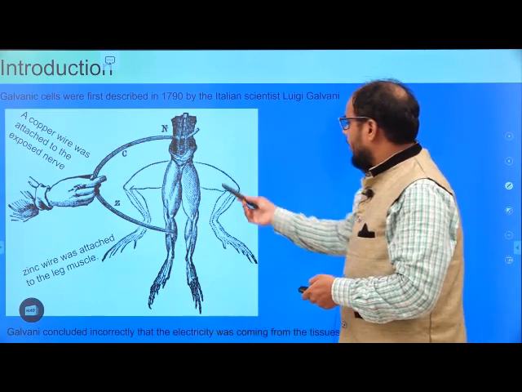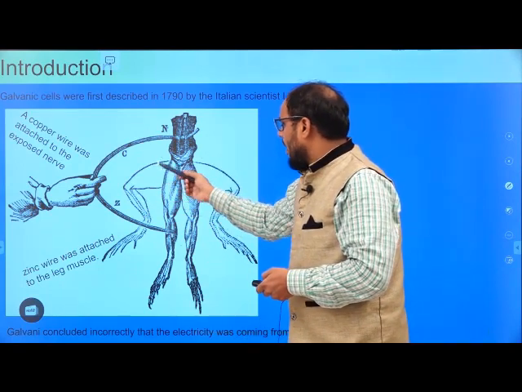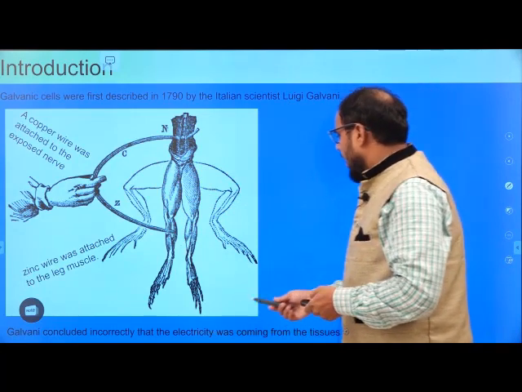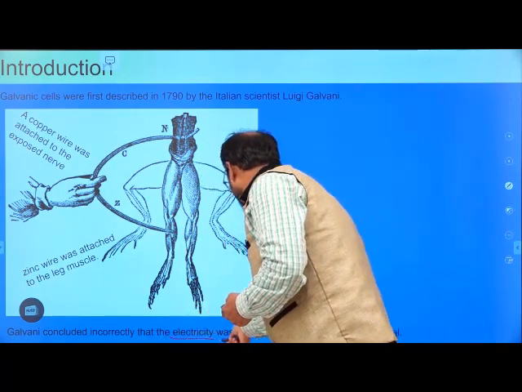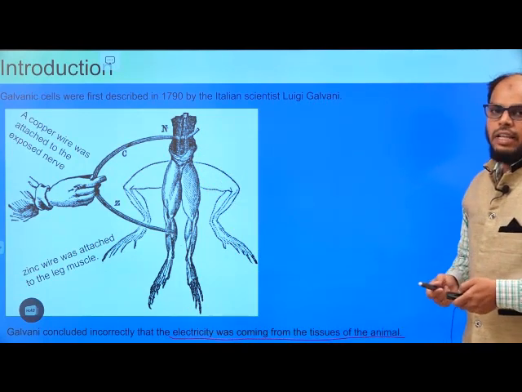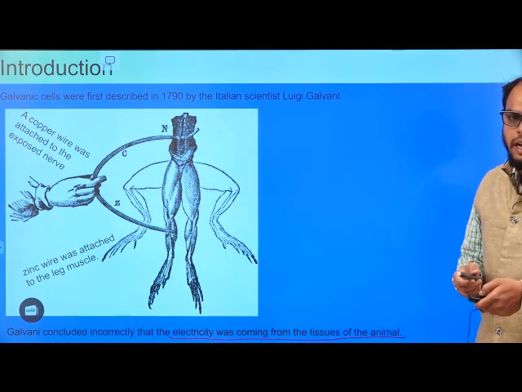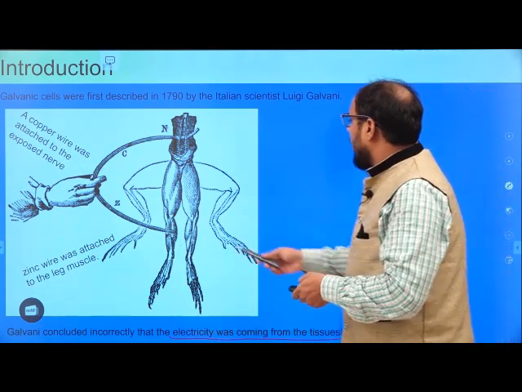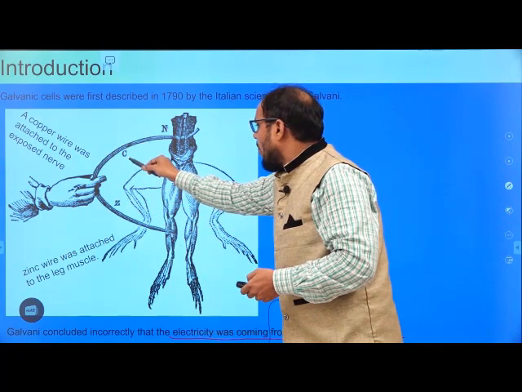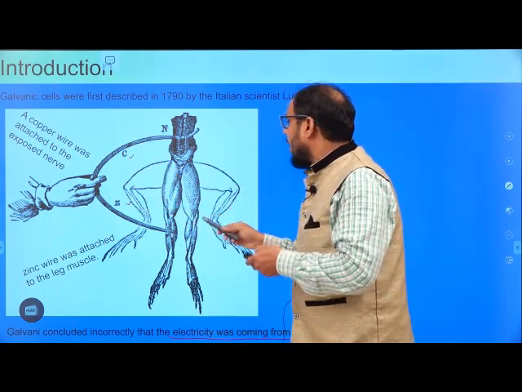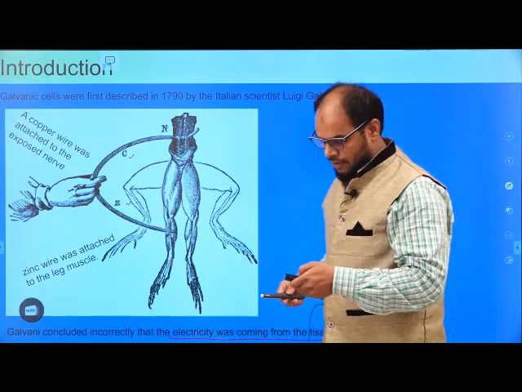The moment he connected the copper wire and the zinc wire, the frog had a kind of movement. He was incorrect in stating that electricity was coming from the tissue of the animals. It was later Alessandro Volta who stated correctly that this movement is because of the two electrodes, the copper electrode and the zinc electrode, and the body fluids of the frog are merely an electrolyte.